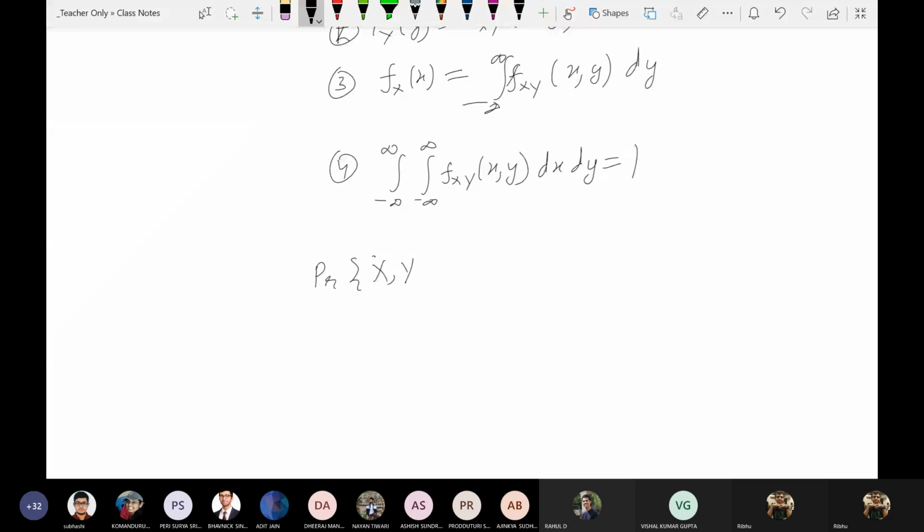The ordered pair xy lies within an area A of the plane is the plane integral.